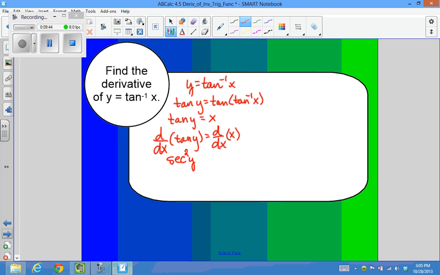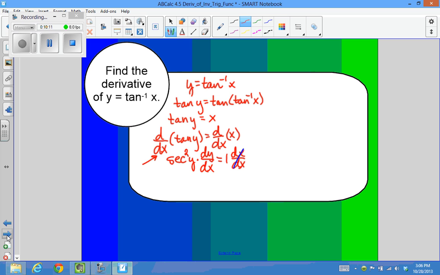But I was taking the derivative of this with respect to x. Okay, since there's no x, I have to have times dy dx there. Equals derivative of x with respect to x. That is technically 1 dx over dx. But again, this right here is going to go to 1, so we don't really worry about it.